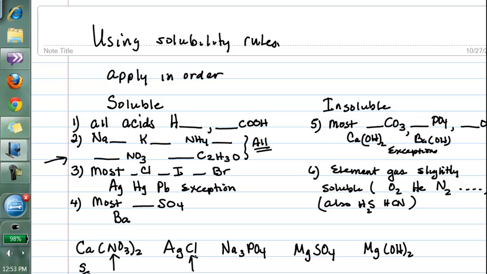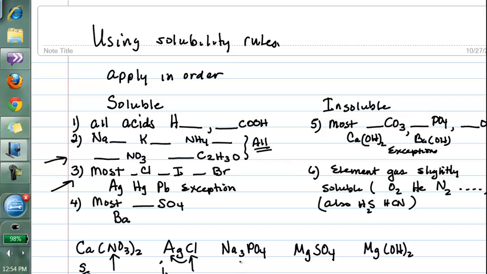You see the chloride. It says that most chlorides are soluble, so I need to look at what it's attached to. And since it's attached to silver, silver happens to be an exception. So silver chloride is insoluble. It will not dissolve in water, and if it's actually produced in a reaction, you'll see a precipitate.